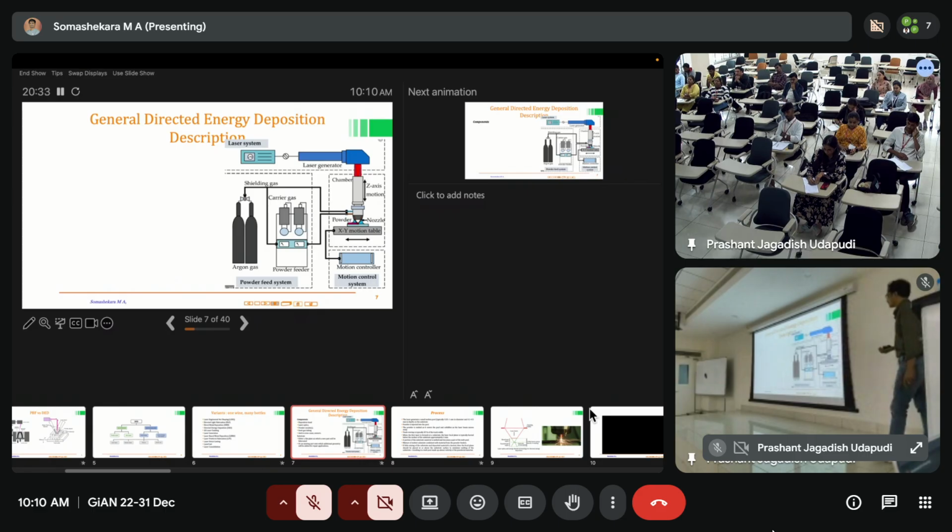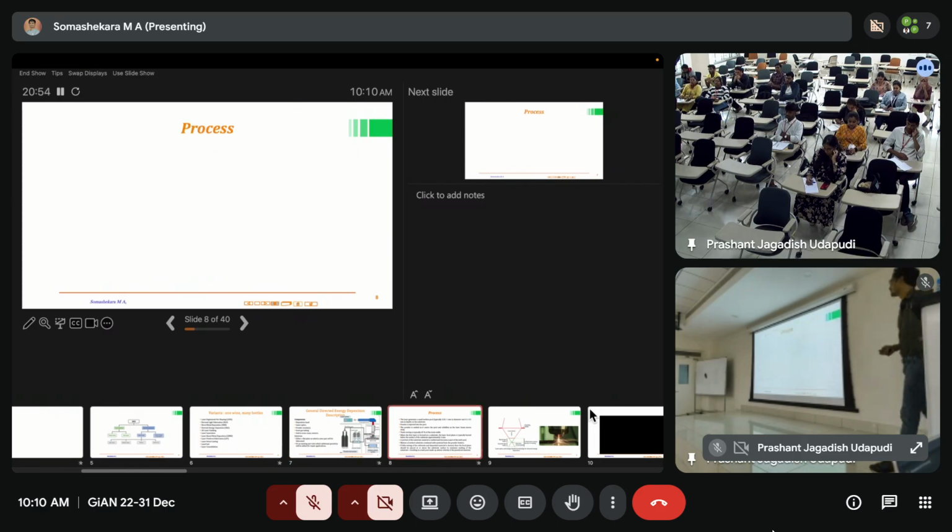Nowadays a lot of research is also happening in printing, in terms of precision. You'll find not just height but also the quality of the component improves when you go for a feedback system. So these are some of the components that I was talking about.